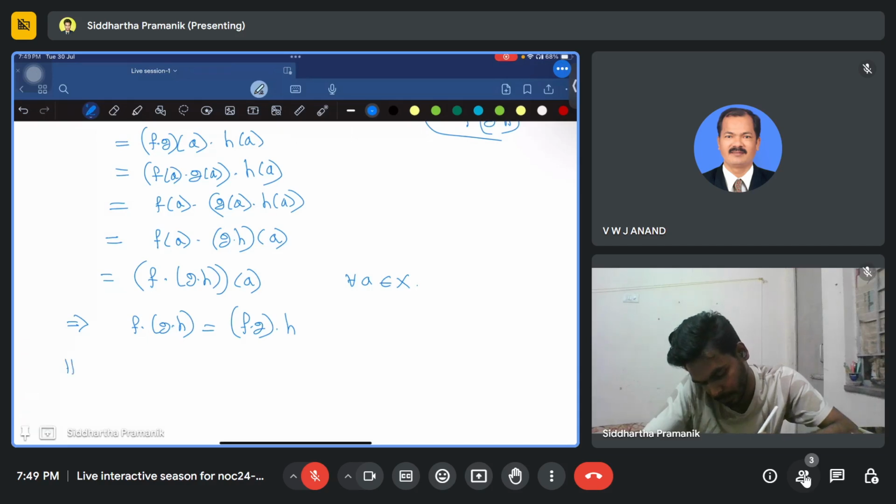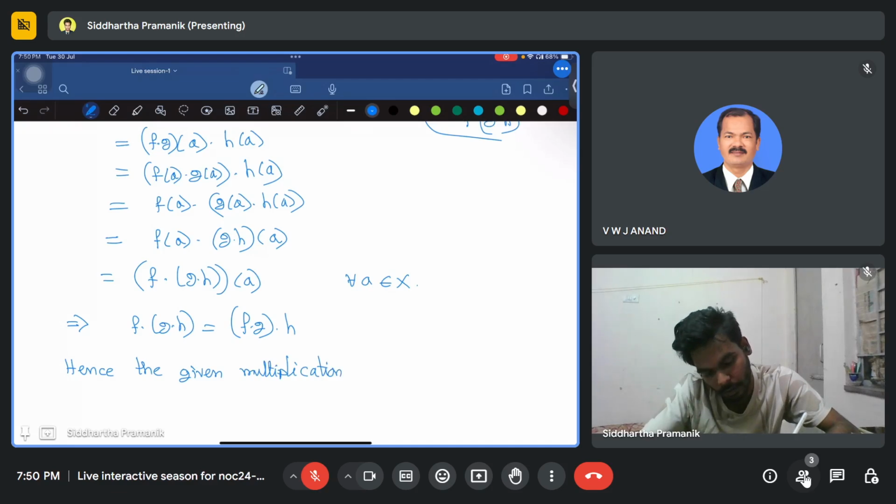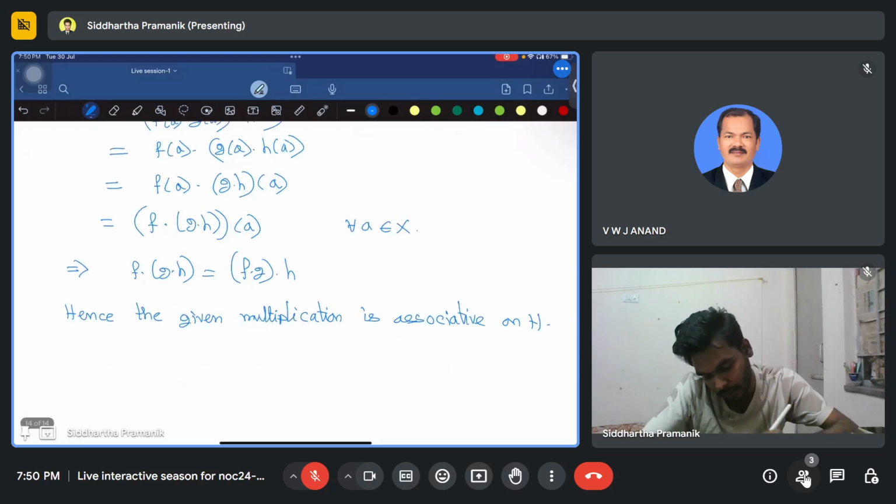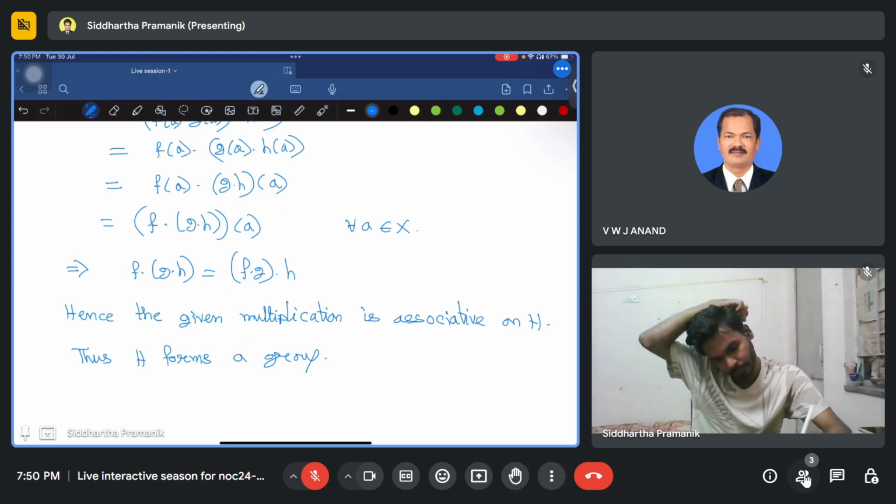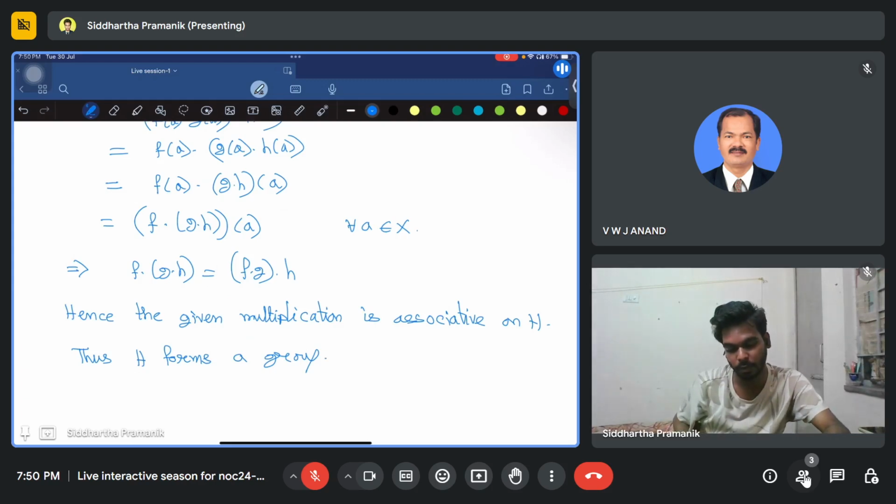Hence, the given multiplication operation is associative on H. Okay, thus H forms a group. Okay, I hope you have understood this proof.